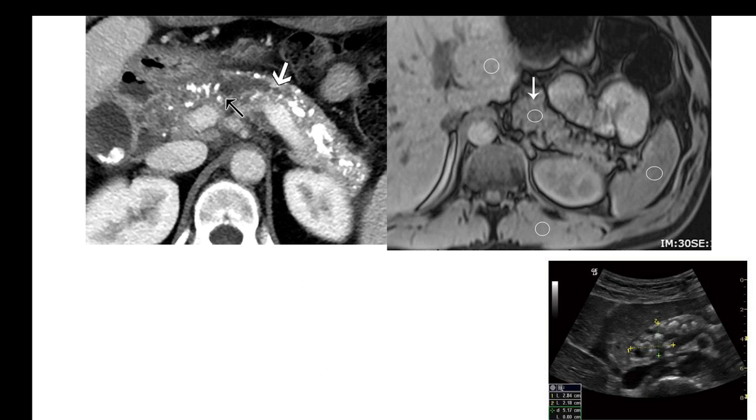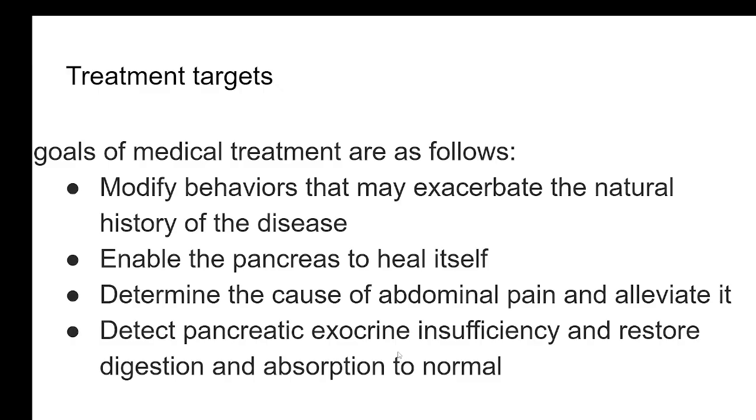Ultrasonography also could be useful, but the information you get by ultrasonography might not be as critical as that of the CT scan. So CT scan gives you a better impression than ultrasonography, but ultrasonography also can be a useful investigation to make the diagnosis of pancreatitis.